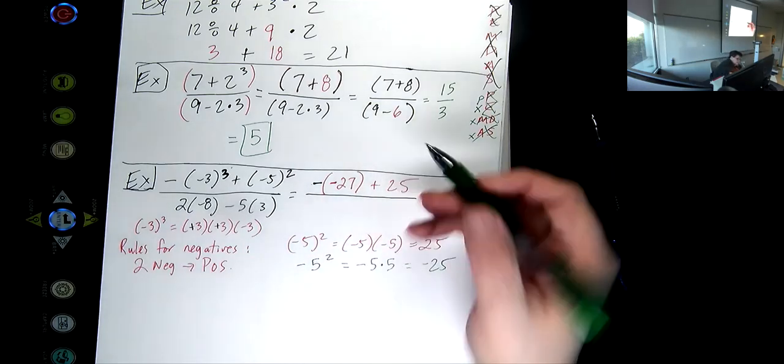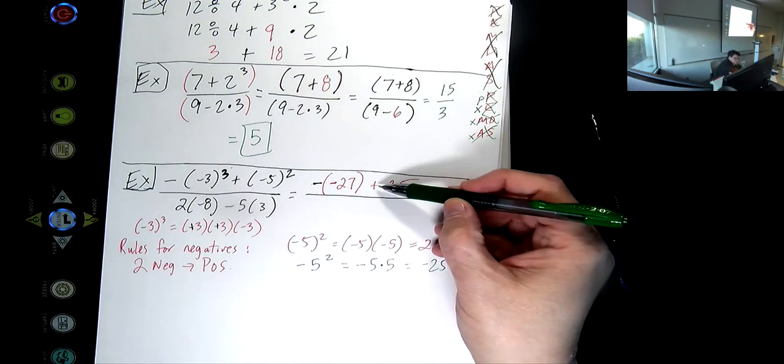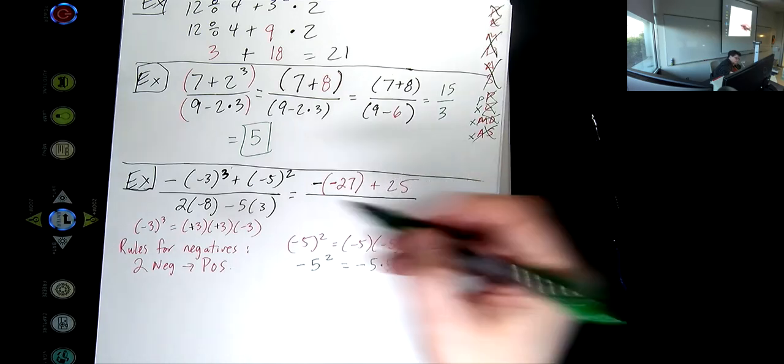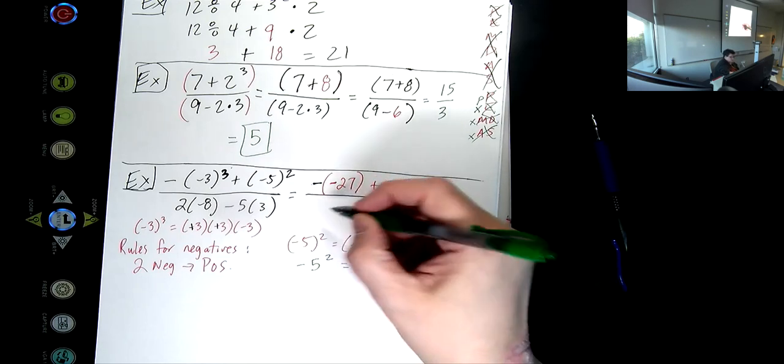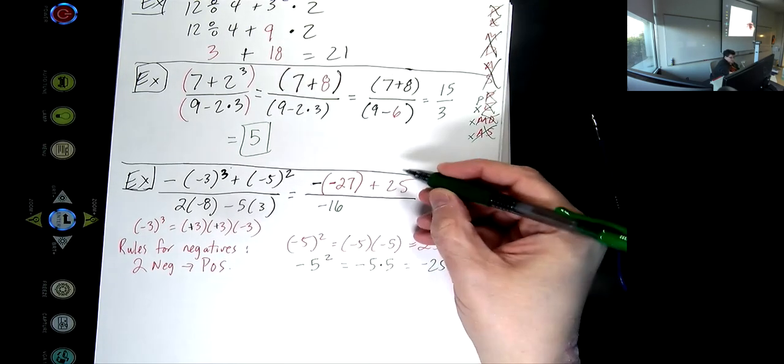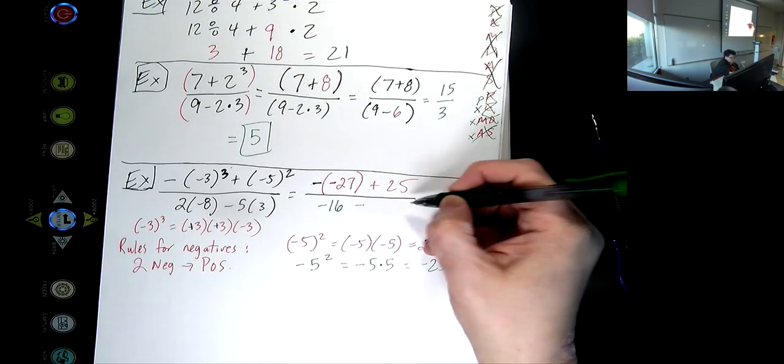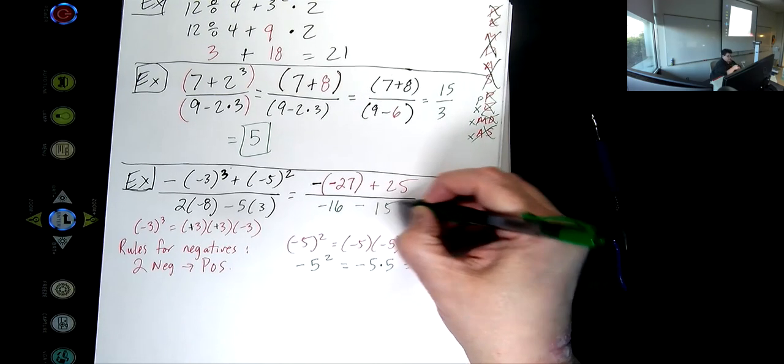All right, this has only got some multiplication. Let's get the bottom caught up. 2 times -8 is -16. And then I've got a negative sign, and I've got 5 times 3 is 15.